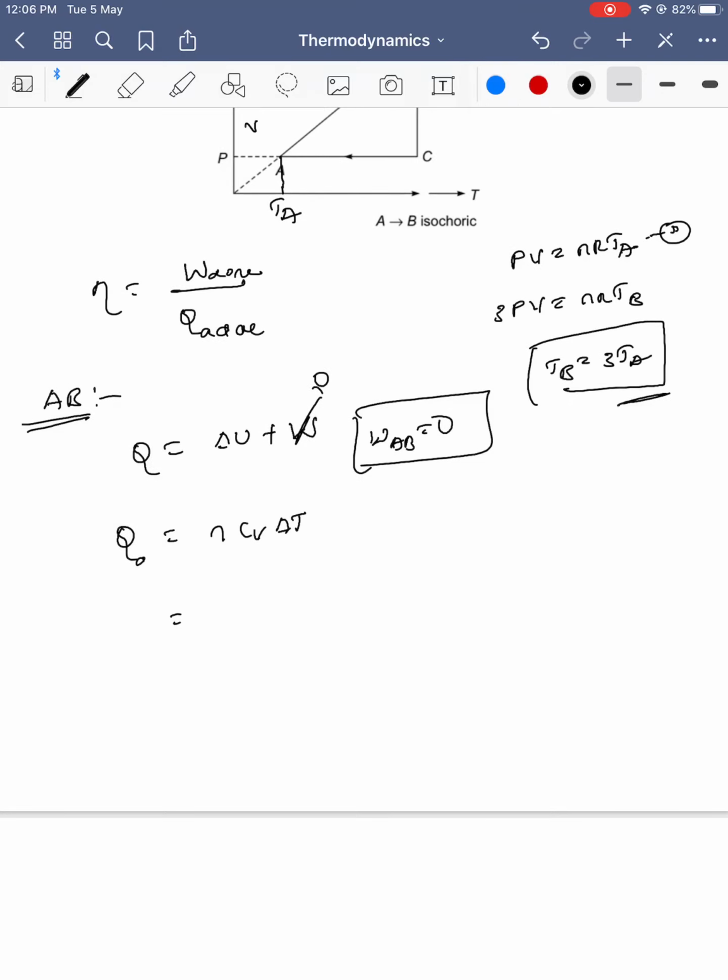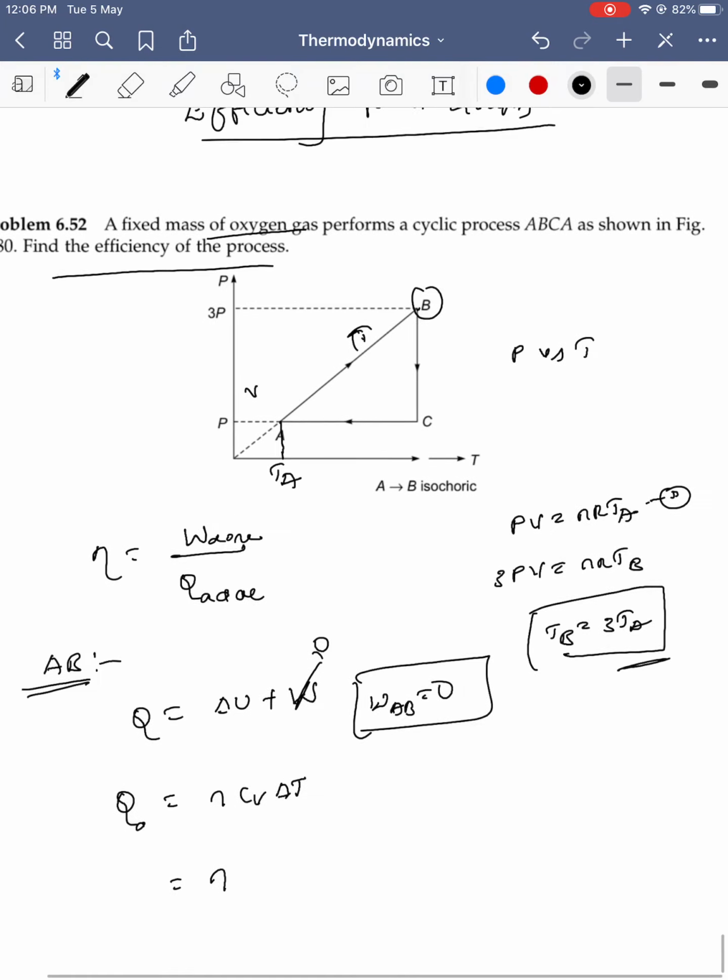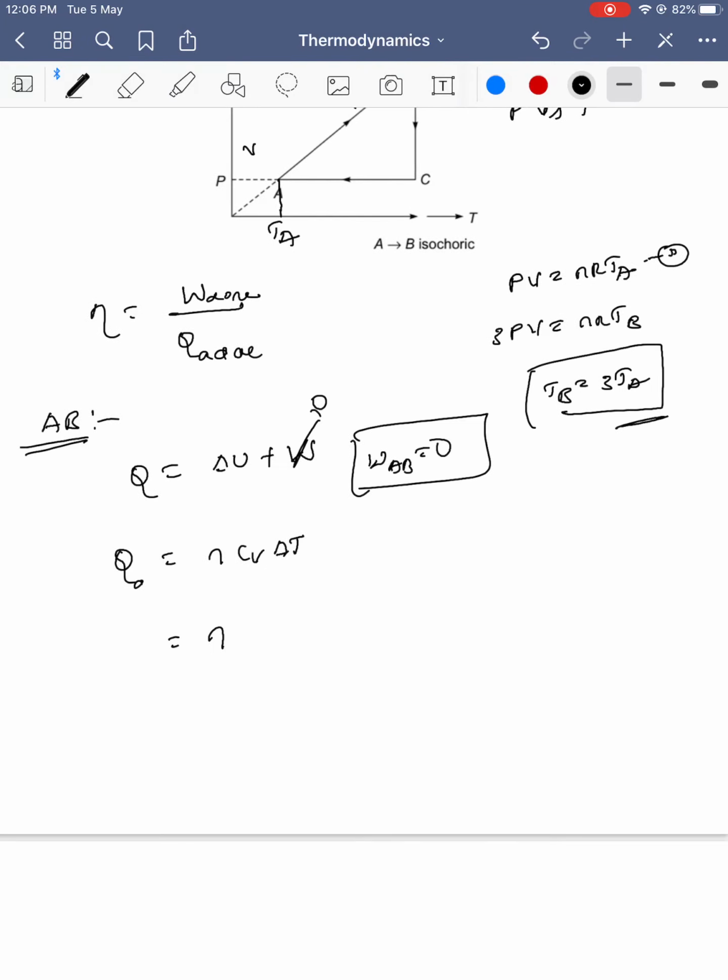The number of moles is not given, so just assume it as 1. So CV is equal to 5R by 2 into delta T, that is TB minus TA.